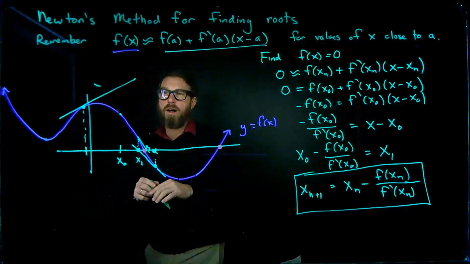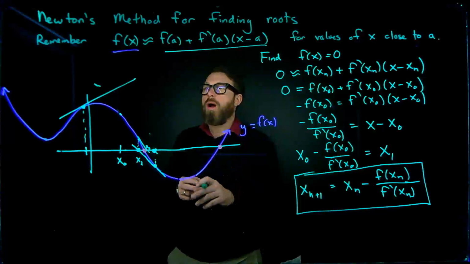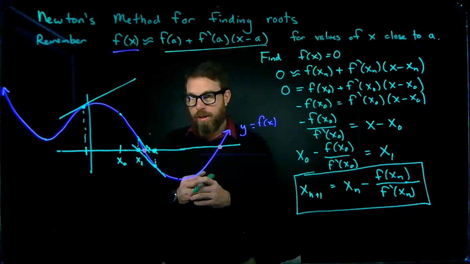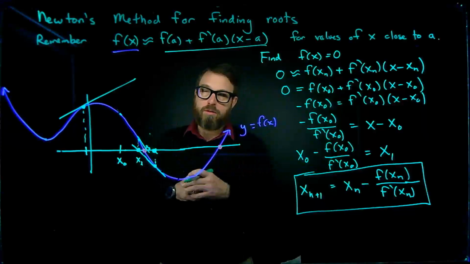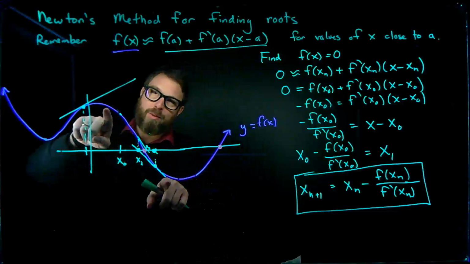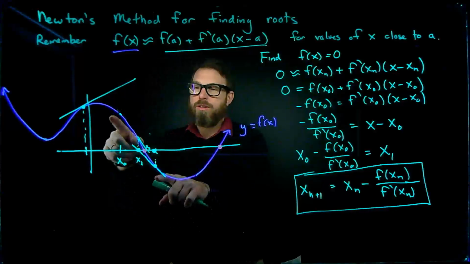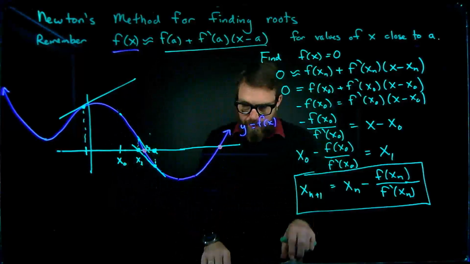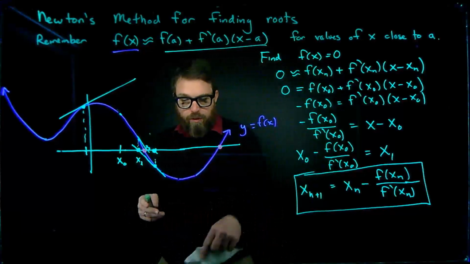So the one true problem with Newton's method is you need to pick an x value that's relatively close to your 0. Relatively close. So it really kind of has to be almost within this interval here. So you have to be wise with your choice of x naught. If not, it might not converge. But if it does converge, it will converge to a root of the function.